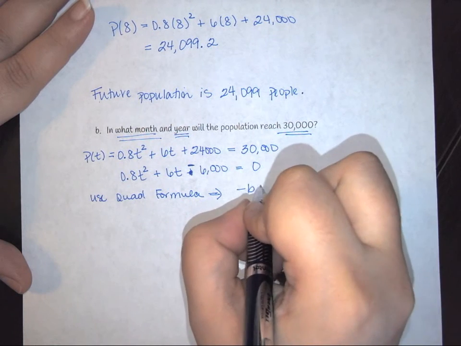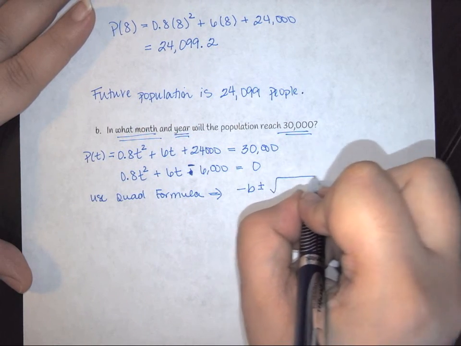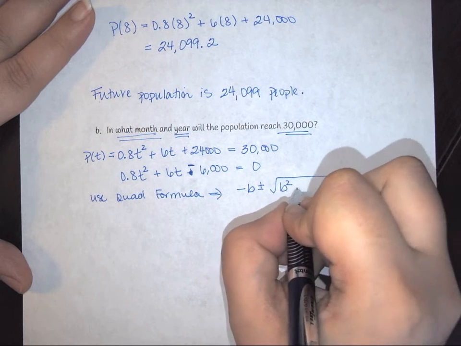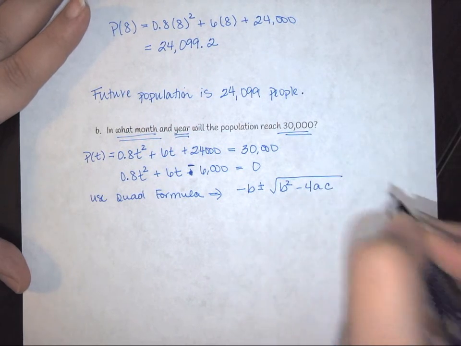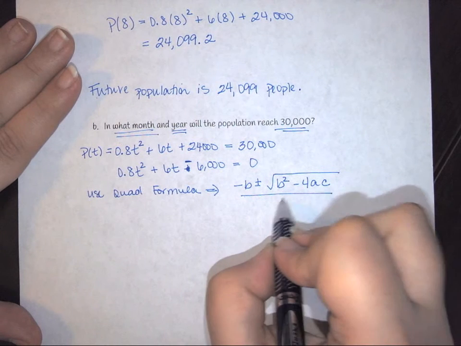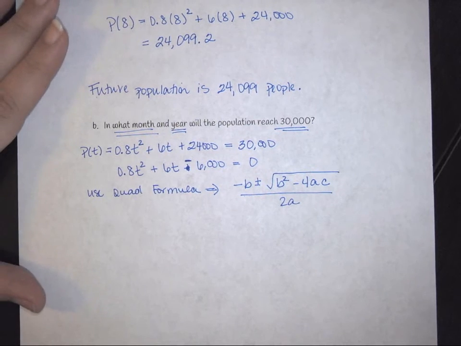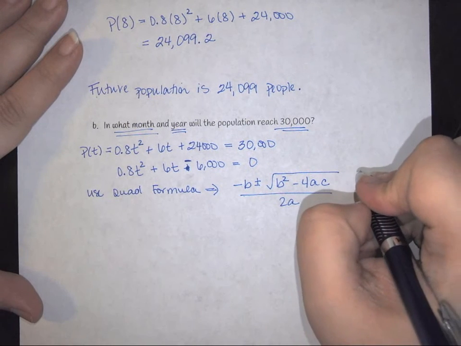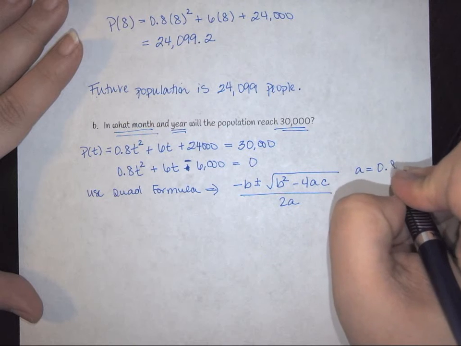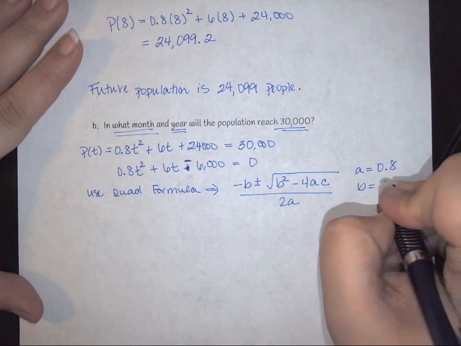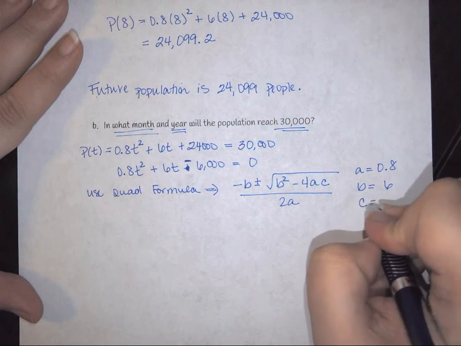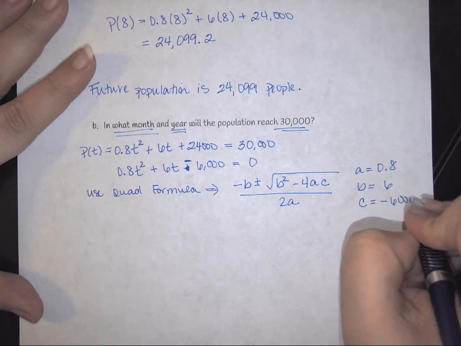Which is negative b plus or minus the square root of b squared minus 4ac all over 2a. Okay. So this being said, you want to plug in. So we know that a is equal to 0.8, b is equal to 6, and c is equal to negative 6,000.